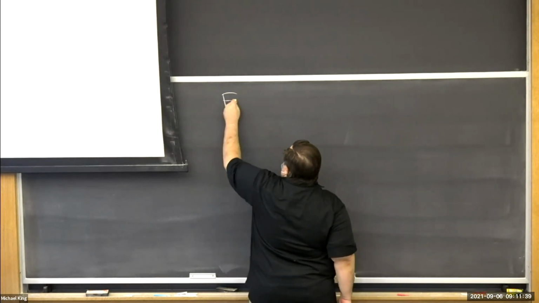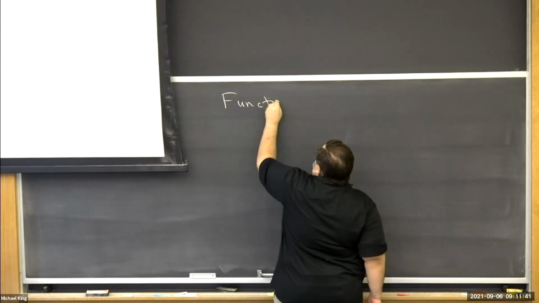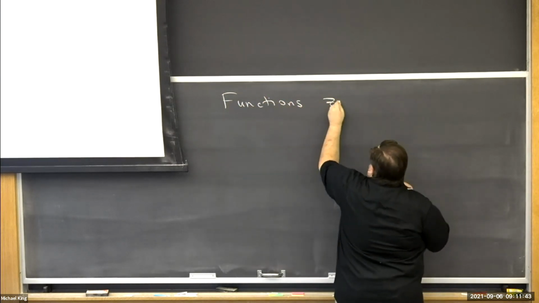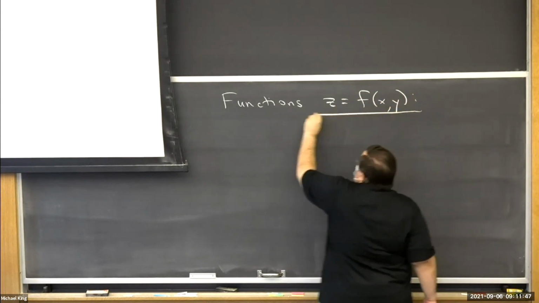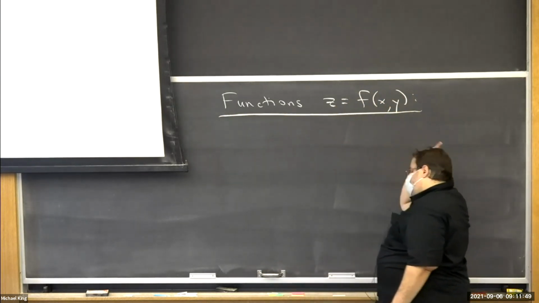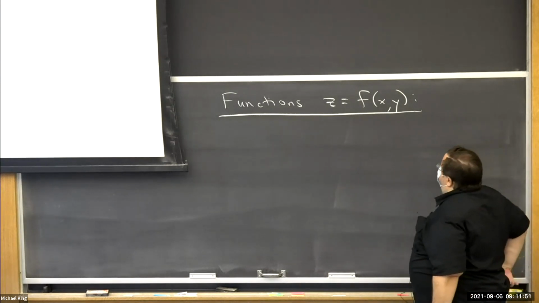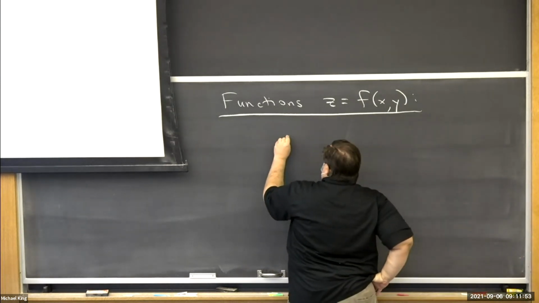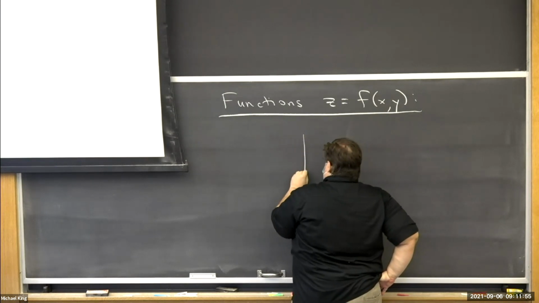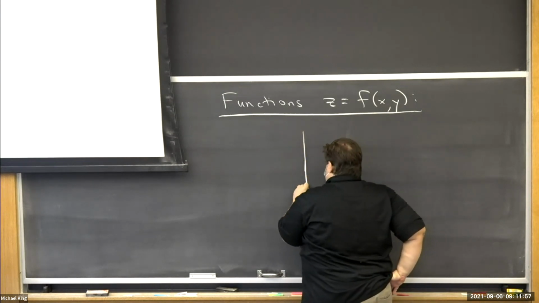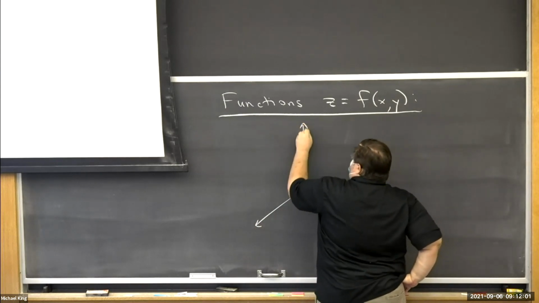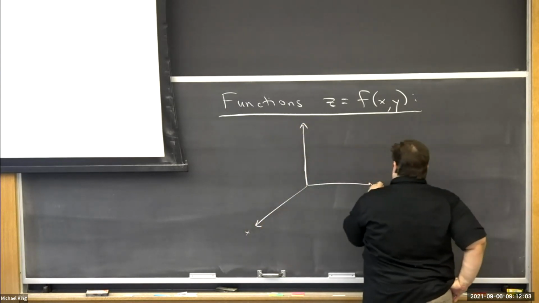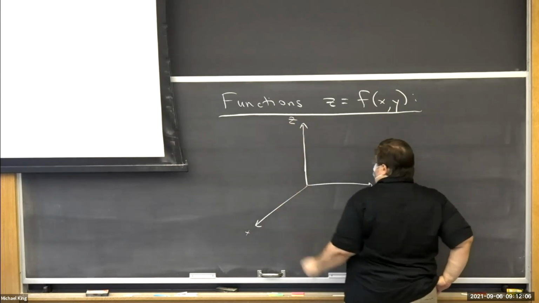let's talk a little bit just about functions like of this form. Right, so functions of two variables. If I draw our axes the way we've been drawing them now, hopefully you're getting used to this idea of drawing X here, Y here, and Z here.